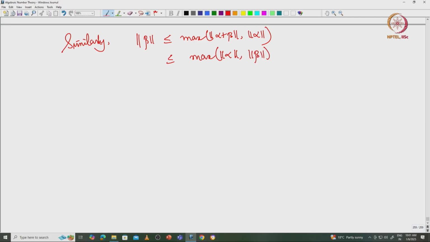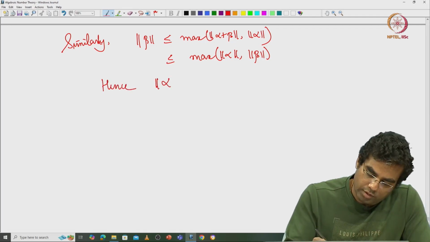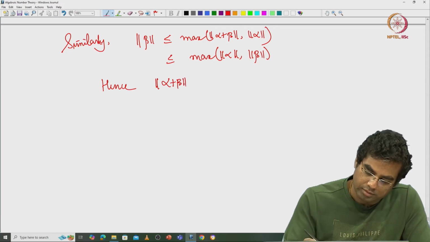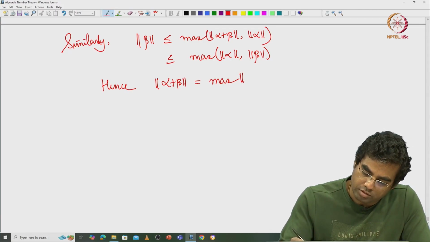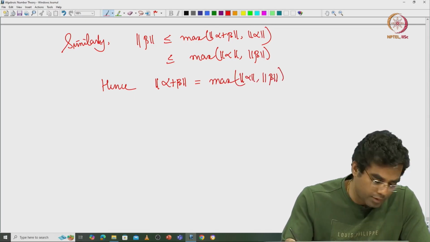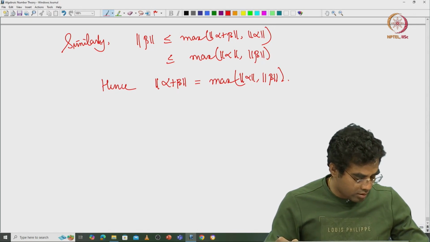And hence, one of them has to be an equality, which means that valuation of alpha plus beta is equal to max of valuation of alpha, valuation of beta.